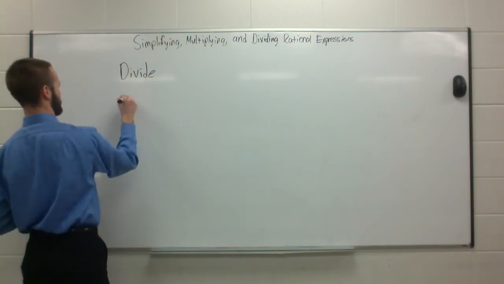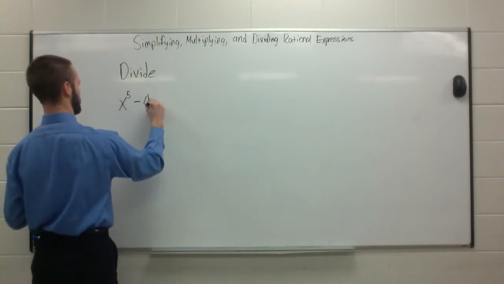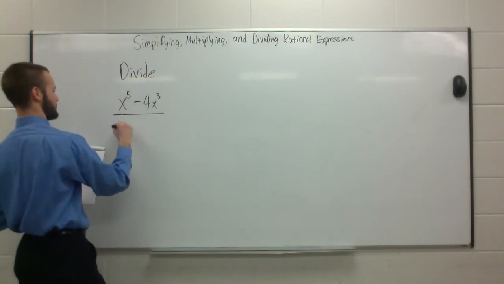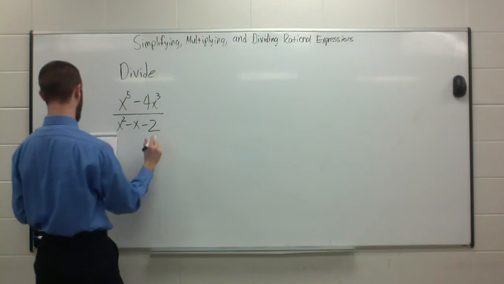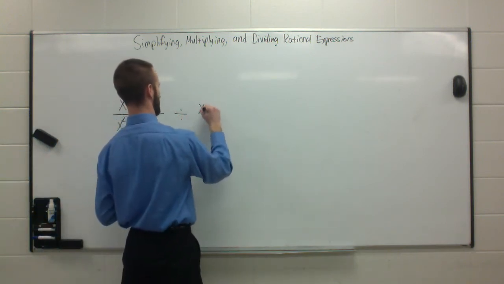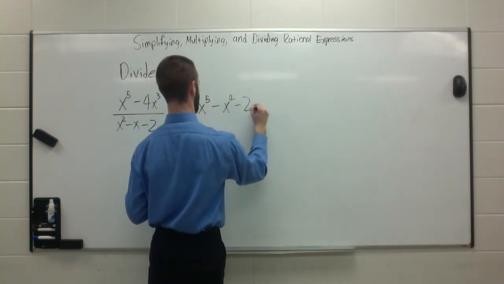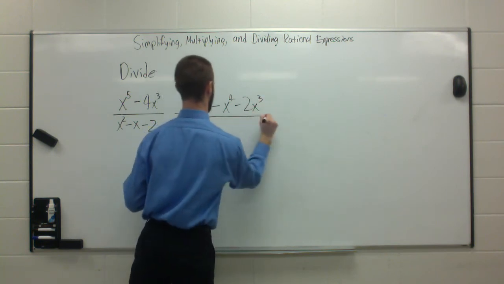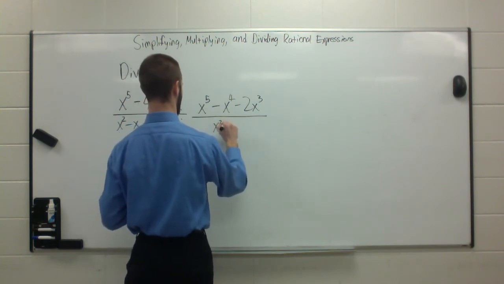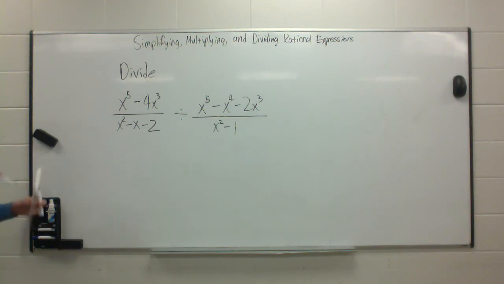We have x to the 5th minus 4x cubed over x squared minus x minus 2, divided by x to the 5th minus x to the 4th minus 2x cubed all over x squared minus 1. Looks kind of scary. You guys are going to hate me.